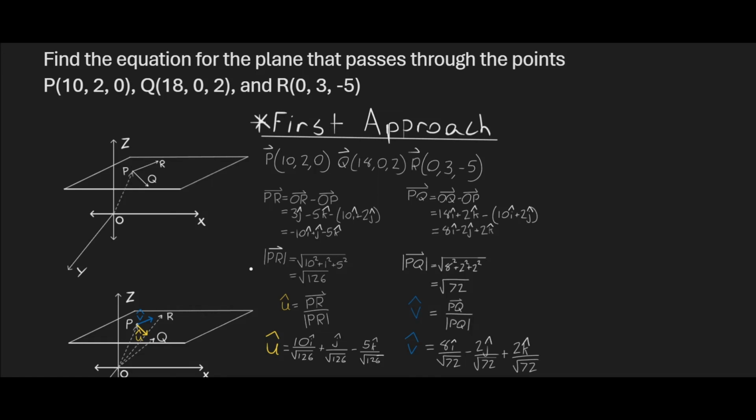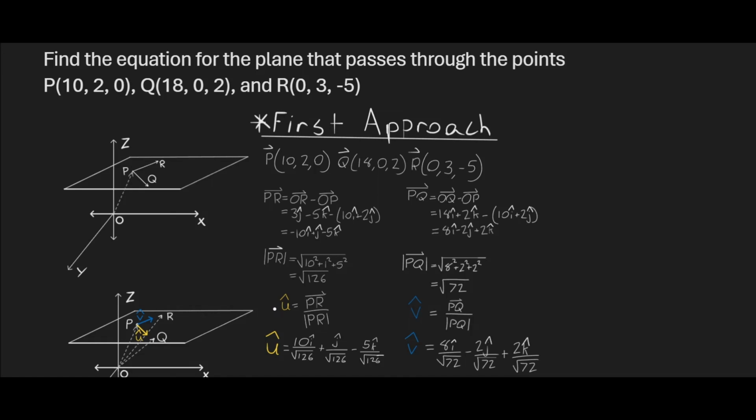The next step is to find the magnitude of these vectors. The magnitude is going to be the square root of the sum of the squares of the components. So for PR, it's going to be the square root of 126. And for PQ, the magnitude is going to be the square root of 72.